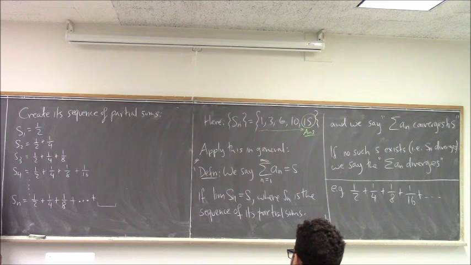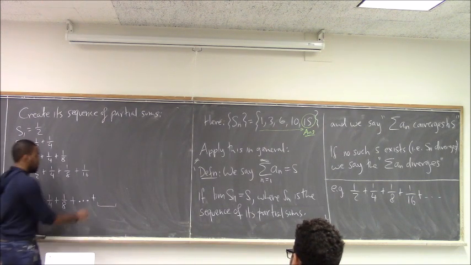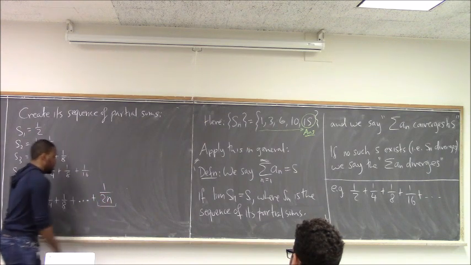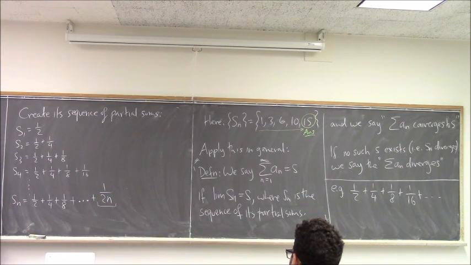1 over 2n? 2 to the n. Does that make sense? If I plug in n equals 1, I would get a half. Plug in n equals 2, I would get a quarter.